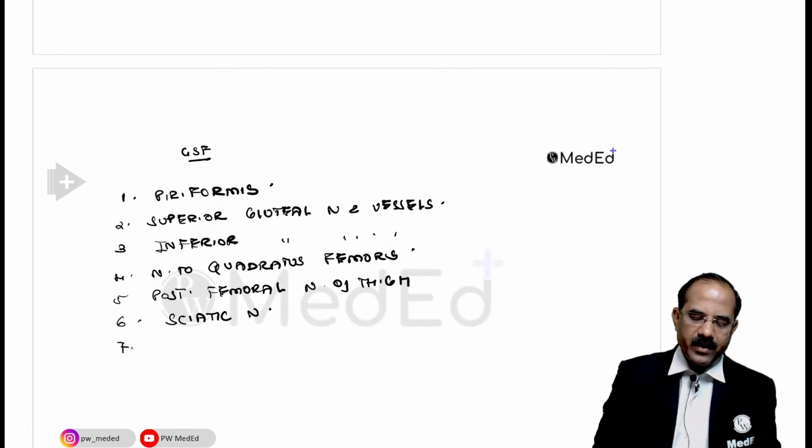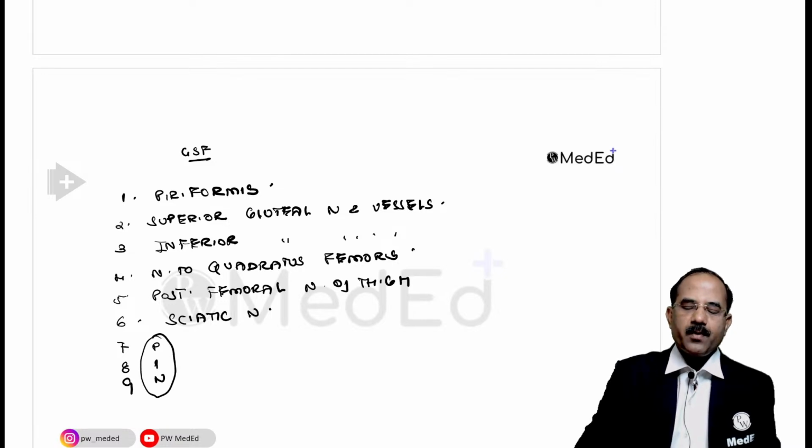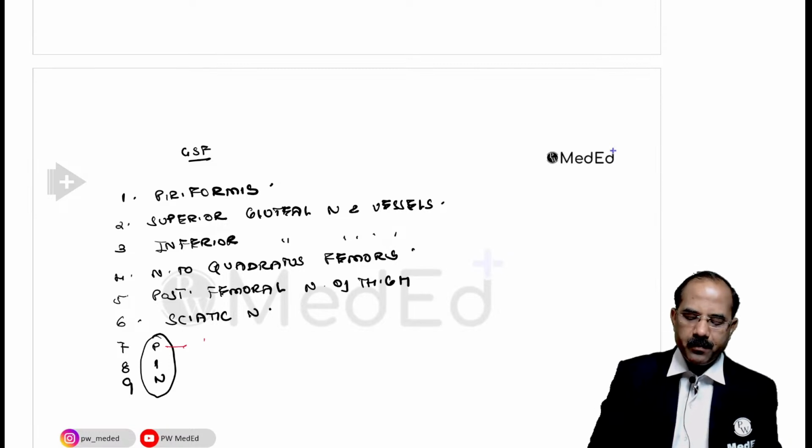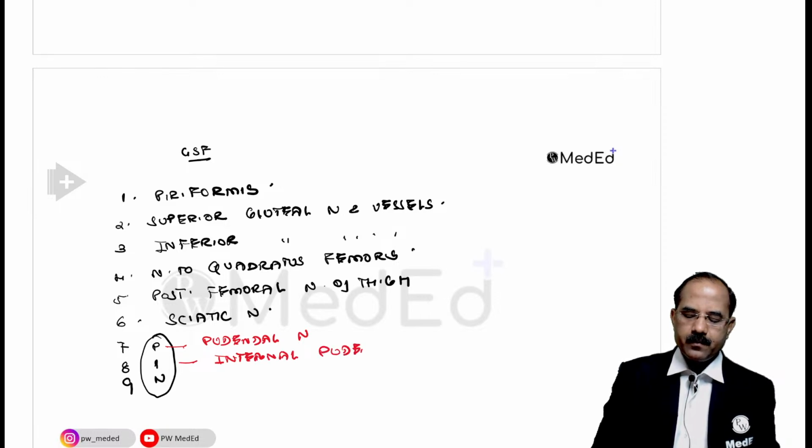And then seven, eight, nine. Remember it like this: PIN structures, P-I-N, pin. So what is P, children? Pudendal nerve. I is internal pudendal vessels.